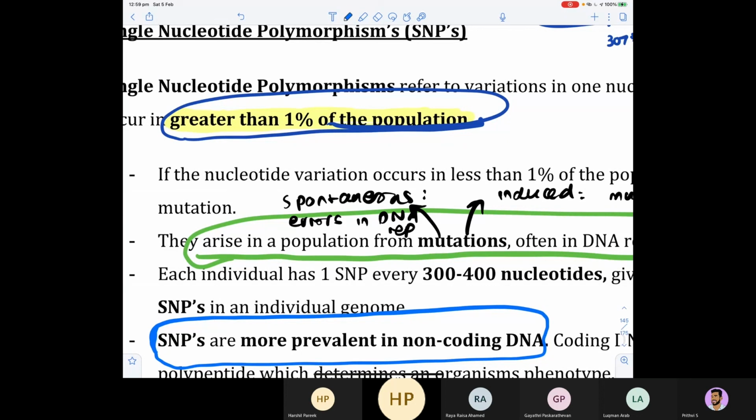Yeah, and what does that mean? But you'd still call it a SNP. You're getting there, think about it. Have you learned about SNPs at school?